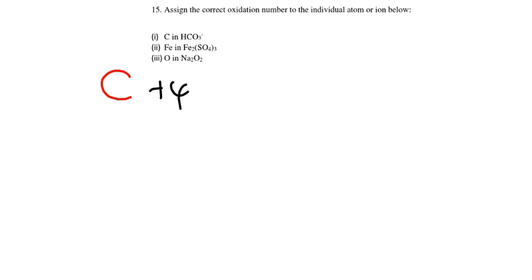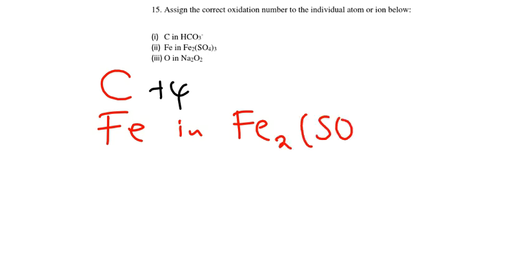Alright, so for 2, Fe in iron sulfate. If you want to be a bit faster and smart about it, when you look at this guy in the brackets, SO4 has got a charge of 2 minus.